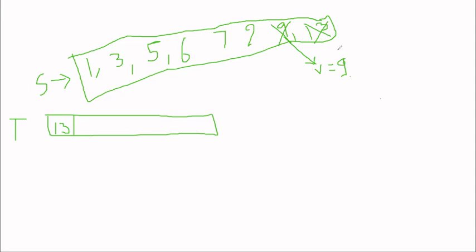So what will we do? If the number in v is greater than or equal to the top of the temp stack, we just push this element. Let's say if it was 15 here, 15 is greater than 13, so we just push 15 at the top of the stack. But here it is 9.